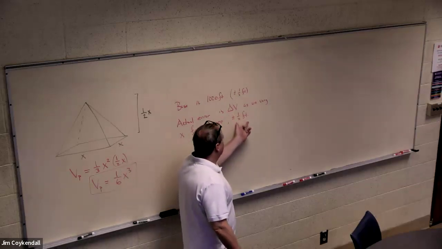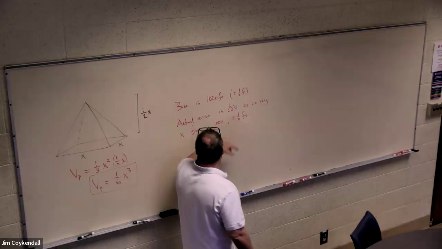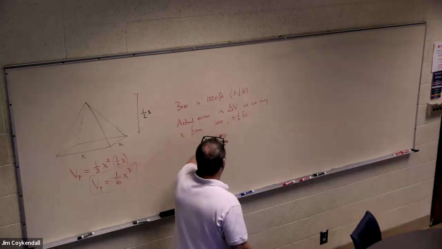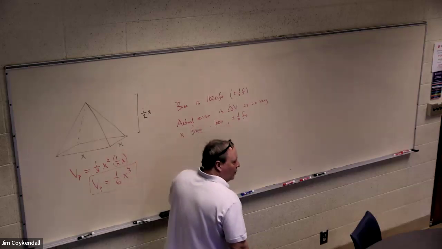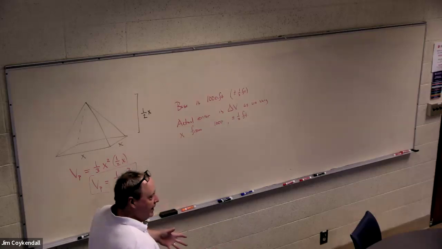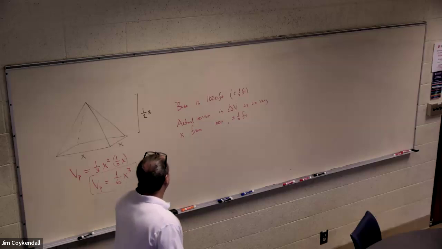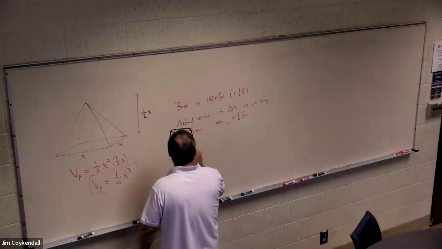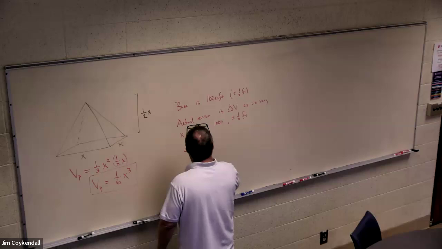If I really want the exact answer, I would compute both of these and see what the change in volume is. But we're out in the field in the dust with Indiana Jones and all this, so we just want to do a quick calculation to estimate this.